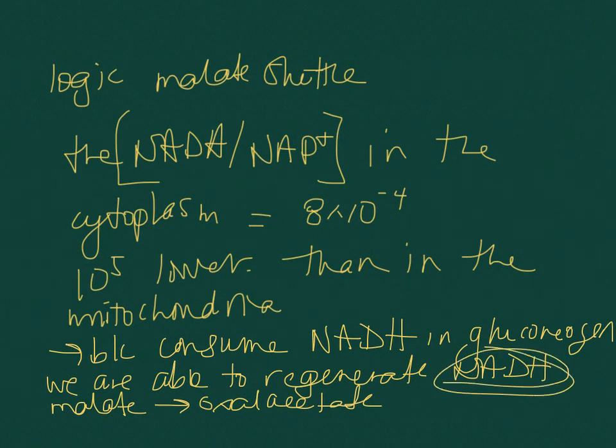And so we need these reducing equivalents to allow gluconeogenesis to proceed in the cytoplasm.